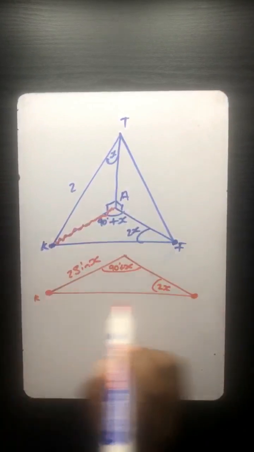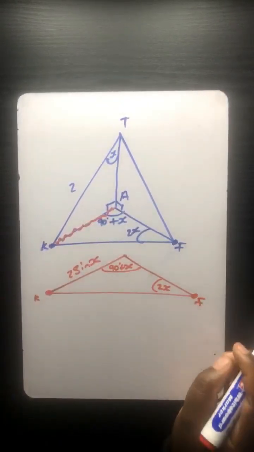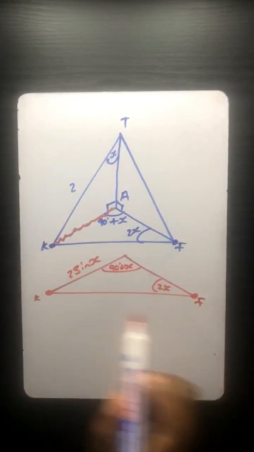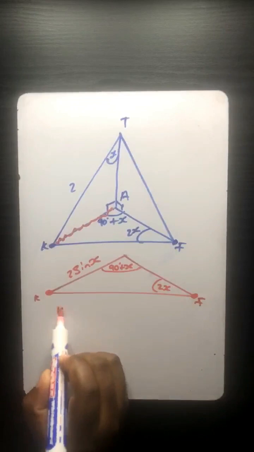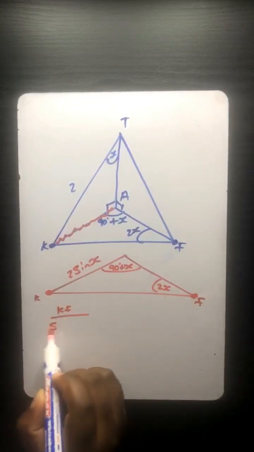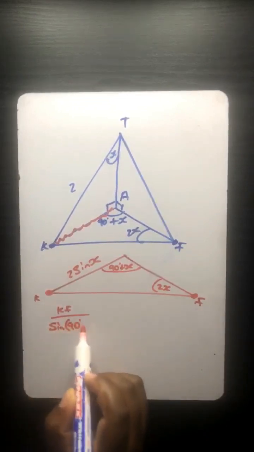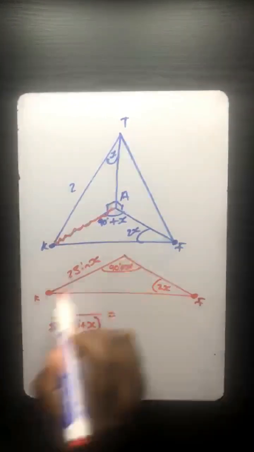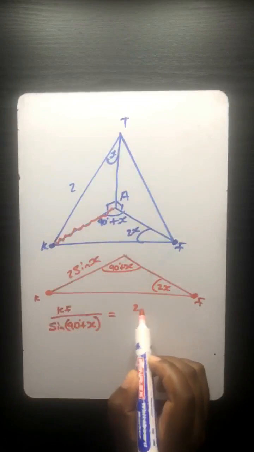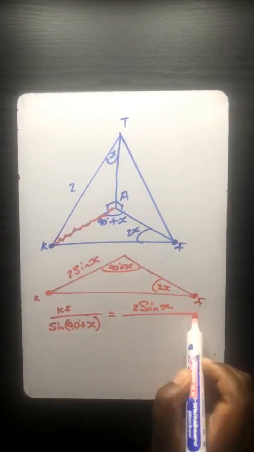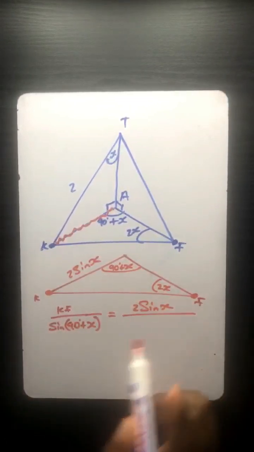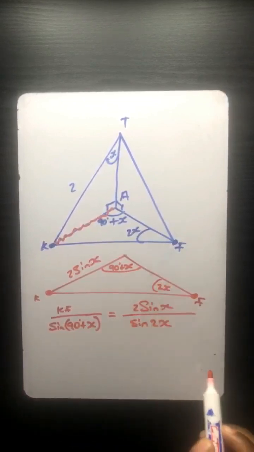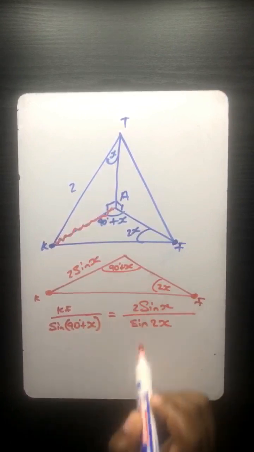Even a grade 11 can tell you're going to use the sine rule, where you say this side, let's say KF, over, obviously because it's the sine rule, sine of 90 degrees plus an angle. It equals the side there, which is 2 sine x, divided by sine of that angle being 2x. Then you're going to cross multiply.